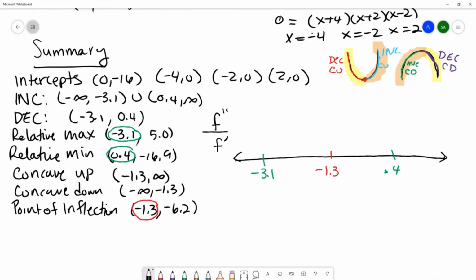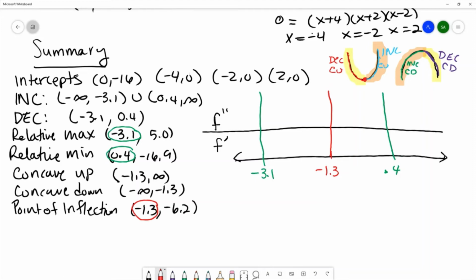Let me draw it going like this, going up here and up here. So I'm going to pay attention to every single one of these intervals.